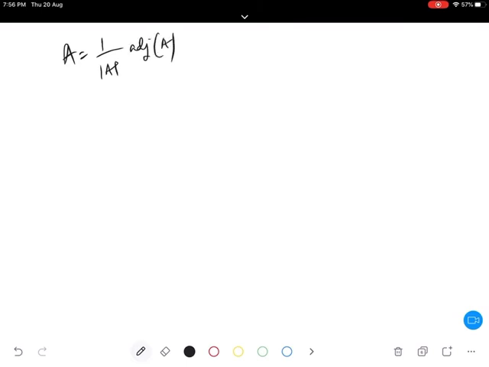This is the formula we apply to find A inverse, where the determinant of A is not equal to 0. Understood? This is the most important formula to find the inverse of a matrix.